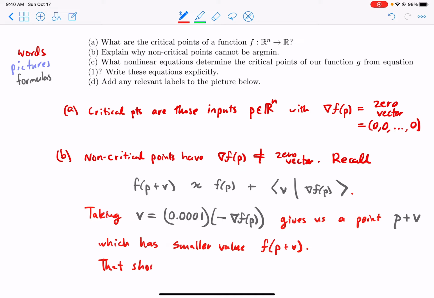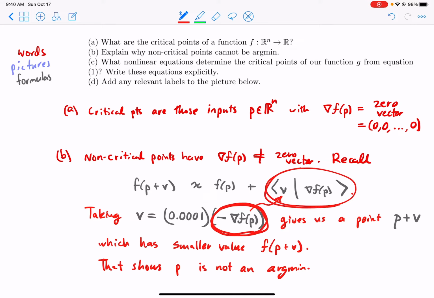That shows p is not an argmin, because we just found a nearby point that has smaller value, so p is definitely not the argmin. Okay, and this is because if I put this in for v, then a vector dot product with its negative is going to be a negative number.